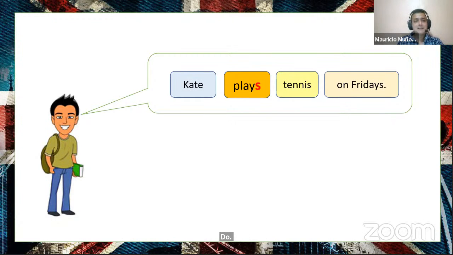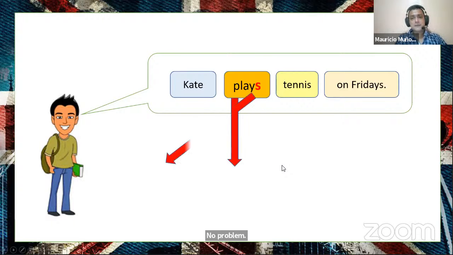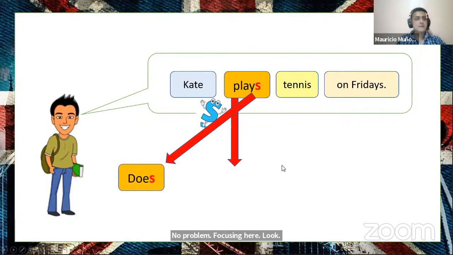No problem. Focus on here. Look. So what is the auxiliary verb, Miss Maria Belén? Does. Okay, the auxiliary verb in this case is does.